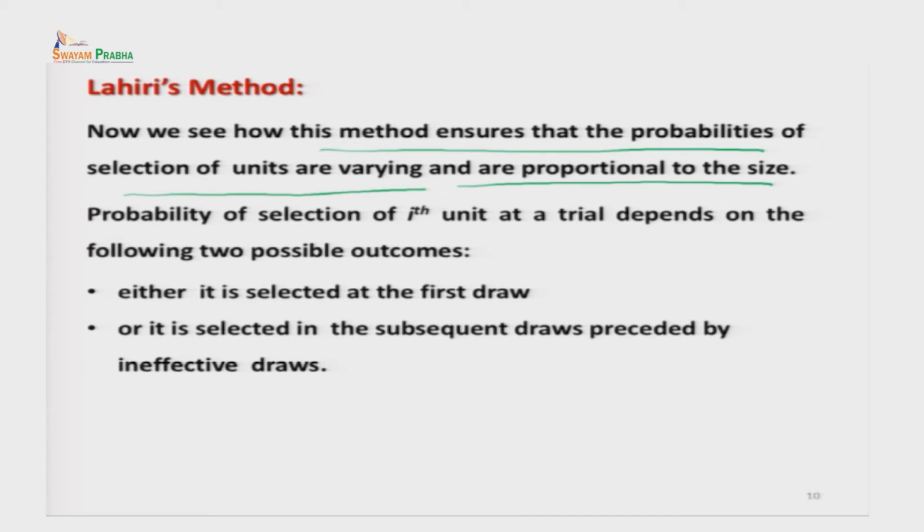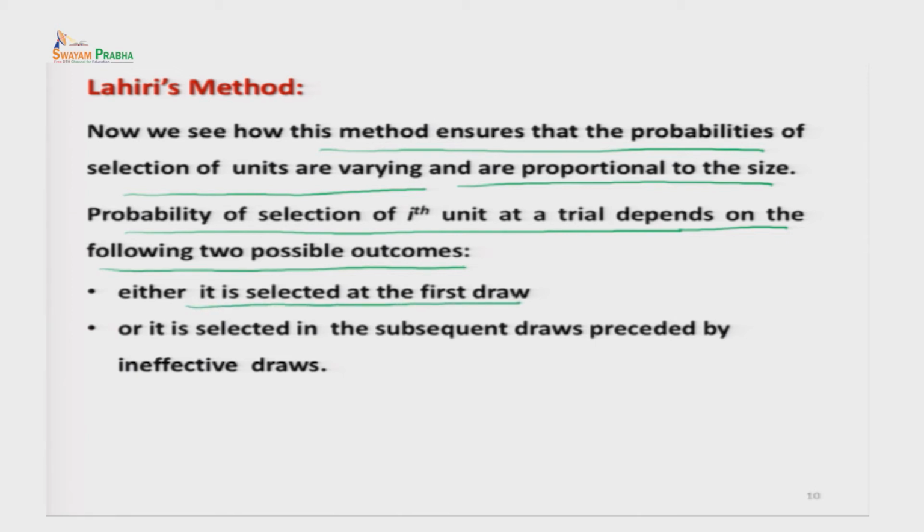Now, in Lahiri's method, the probability of selection of the ith unit at a trial depends on two possible outcomes: either the ith unit is selected at the first draw, or it is selected in the second or any subsequent draw preceded by ineffective draws.